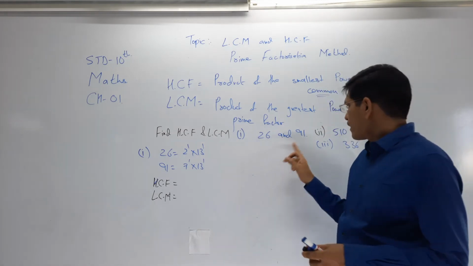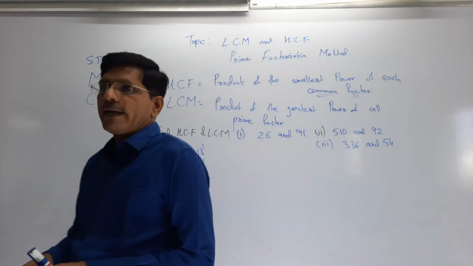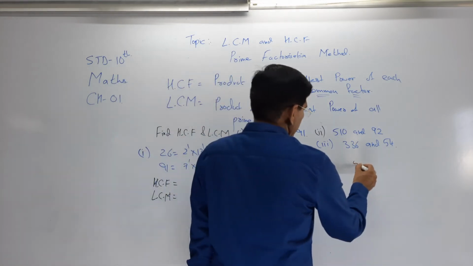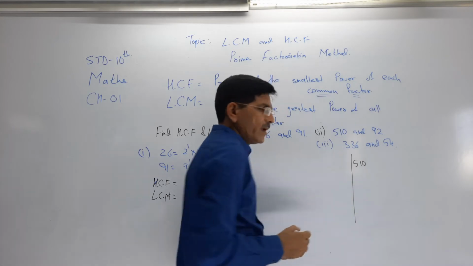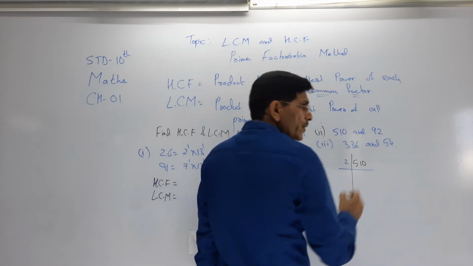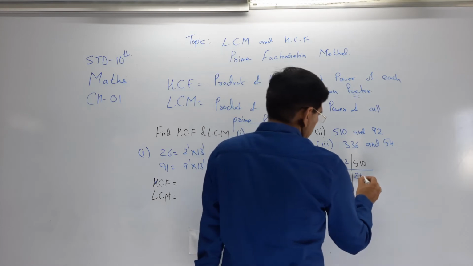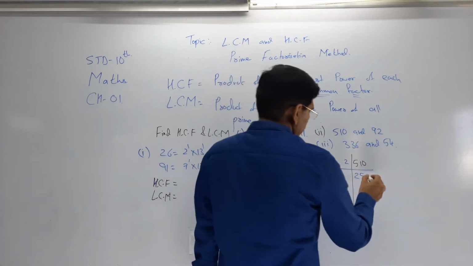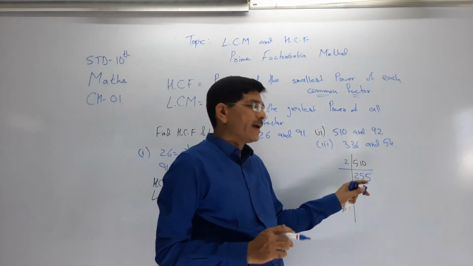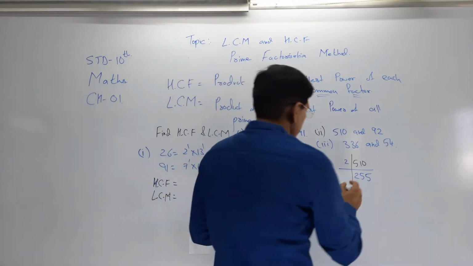Now here 510 and 92. If we don't know them, then we have to make prime factors. 510: we have to divide by 2, 2 times 2 is 4, 2 times 5 is 10, so 255. Now the digit sum 5 plus 5 plus 2 is 12, and 12 is divisible by 3, so we divide by 3.